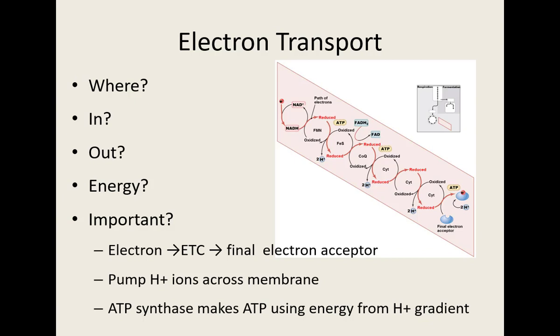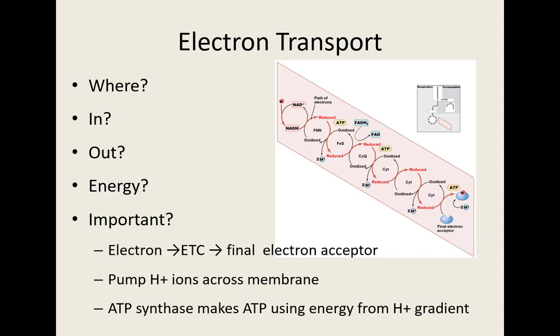Now, how many ATP do we make in the electron transport chain? This can vary depending on the organism. Most organisms in the electron transport chain make 34, give or take. On average, 34.